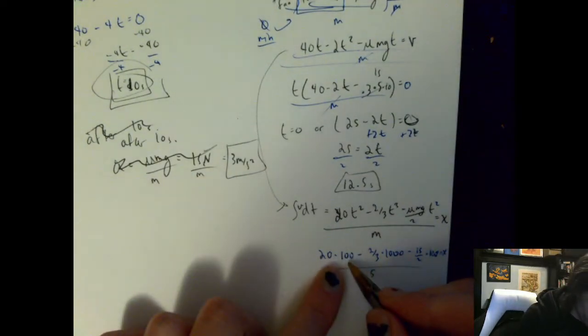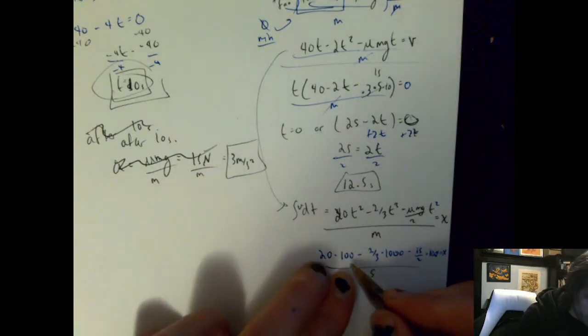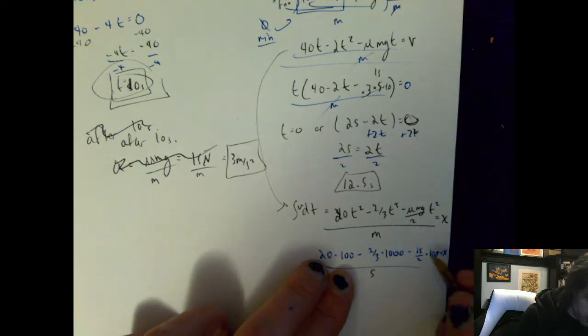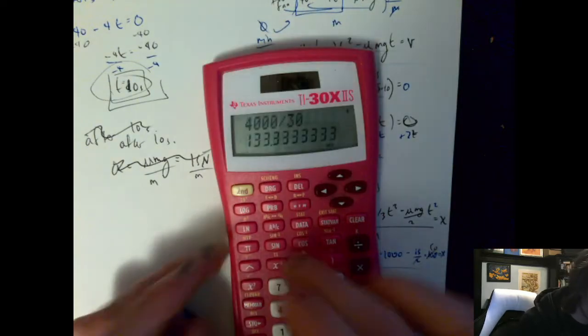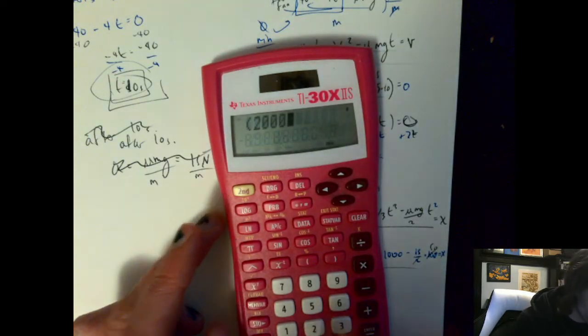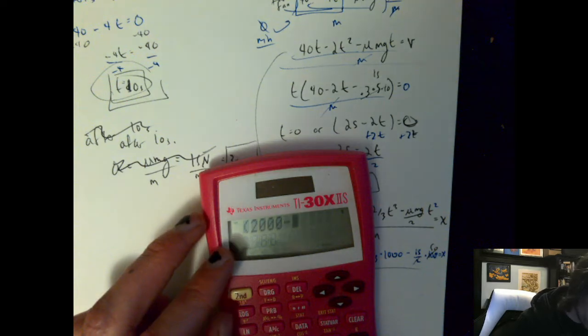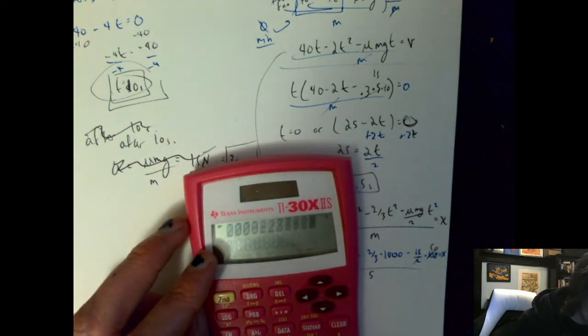We'll have 2,000 minus 2/3 times 1,000 minus 15 times 50.